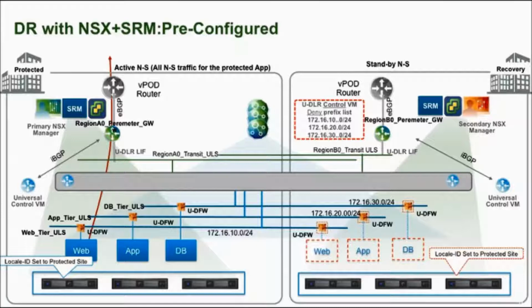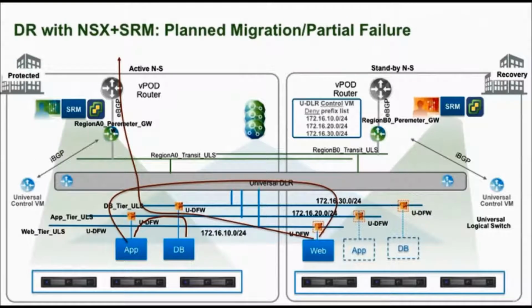During this video we will configure elements shown in red boxes here, including configuring the local ID on the recovery side, configuring internal BGP between the Universal Distributed Logical Router and Edge Service Gateways on both sides. We will also configure a BGP prefix list for filtering routes.